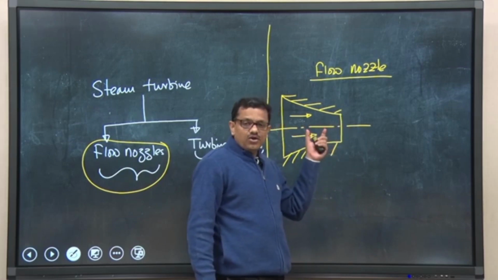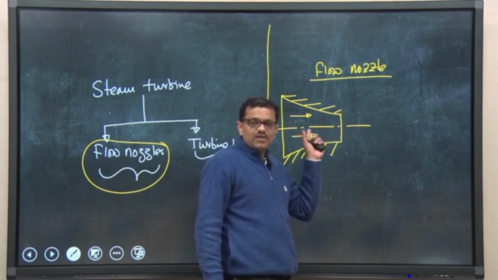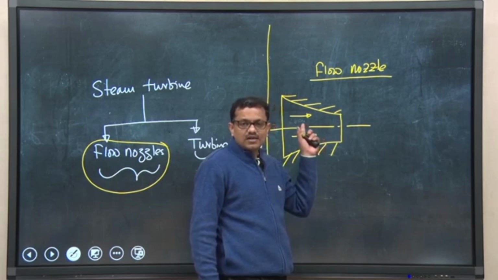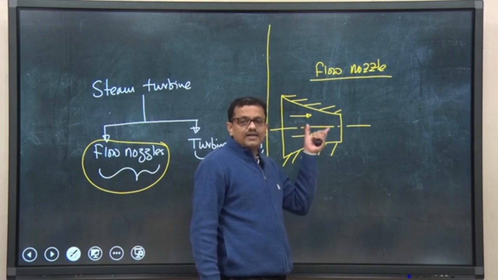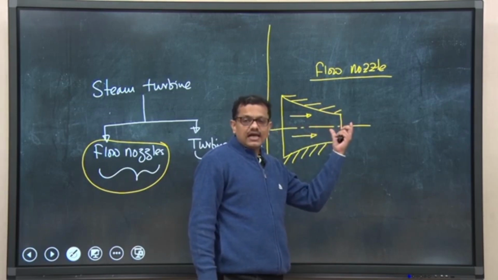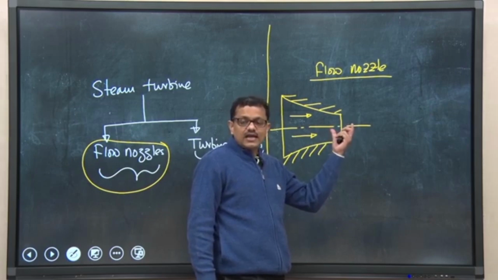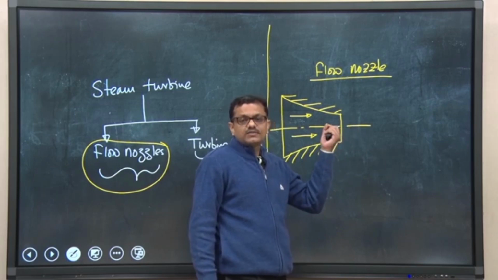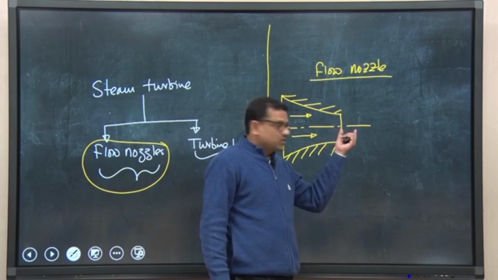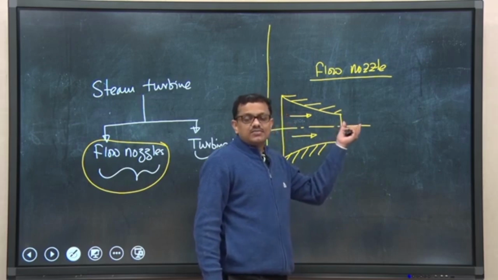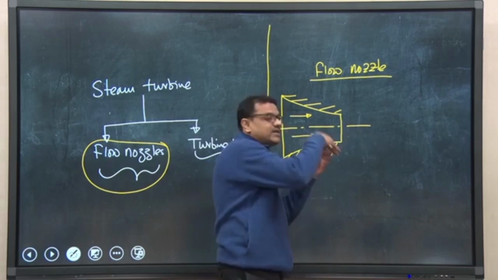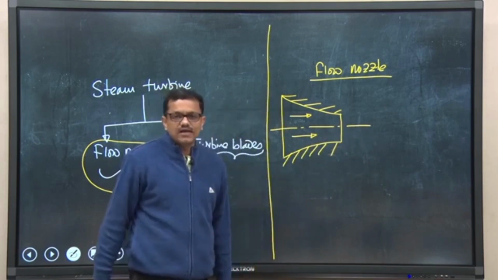We also need to understand that for a given mass flow rate of steam, which will be produced by the steam generator, if we take a particular nozzle, what would be the nozzle area at its exit so that we can get the required velocity? This is very important, because the steam jet produced at the exit of the nozzle will be directed to flow through the turbine blades.